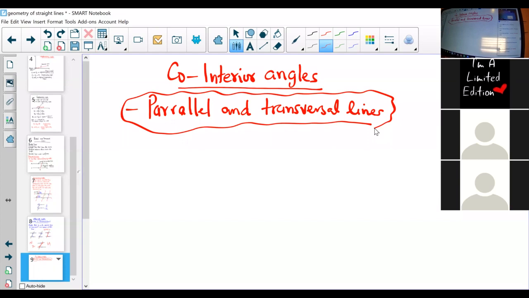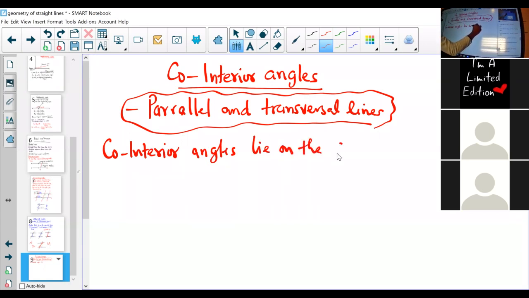Co-interior angles lie on the same side. Co-interior angles lie on the same side of the transversal.